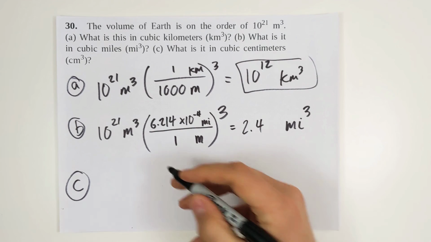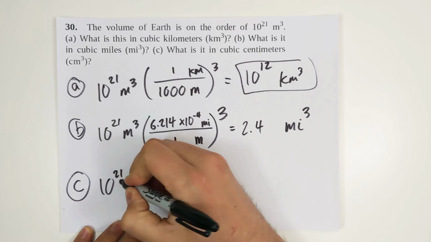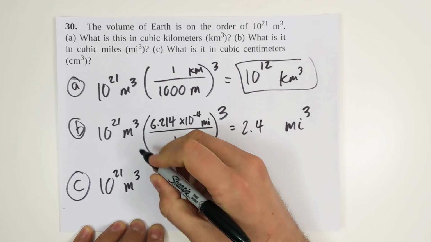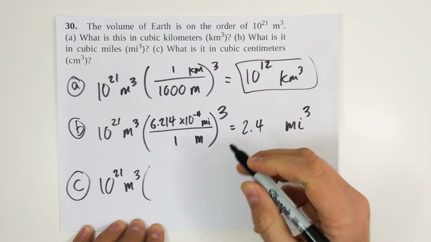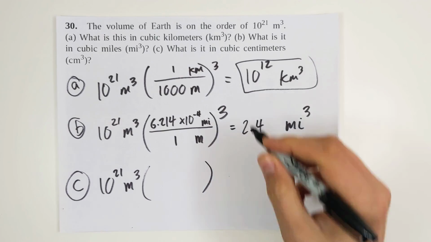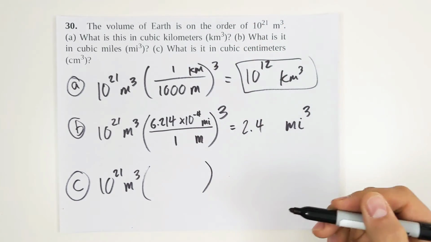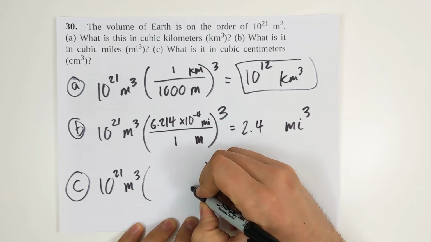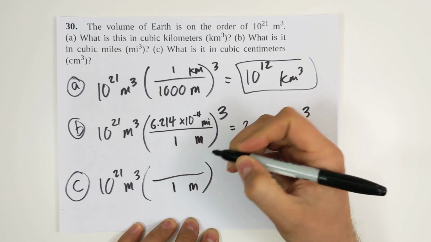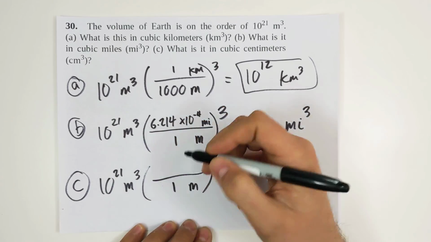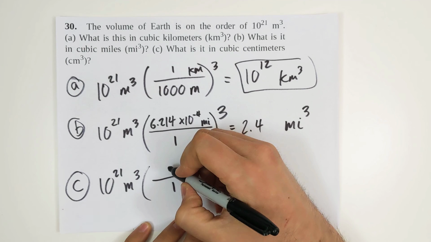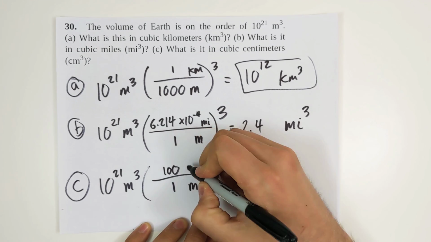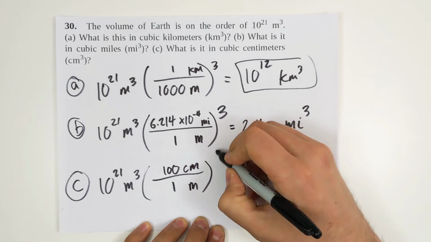All right, C, this one's pretty easy as well. 10 to the 21 meters cubed times something. What do we want? We want centimeters cubed. You know meters to centimeters, don't you? 1 meter. If you look on a meter stick, you've got 100 centimeters to the meter.